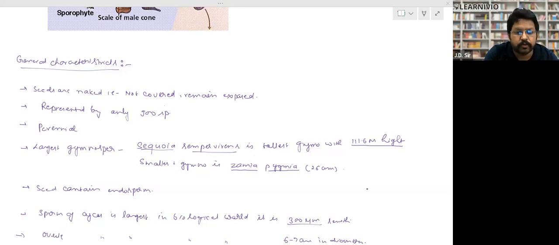What is the function of that tissue? It stores food. Very good. Note it down. Endosperm is a tissue which stores food. The coconut water you drink is liquid endosperm. When this endosperm develops, it becomes the coconut flesh. Got it?